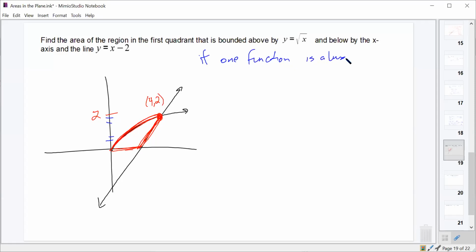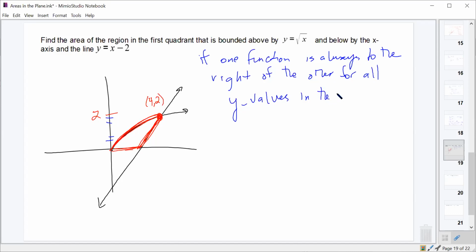All right, so if one function is always to the right of the other for all y values in the region, you can integrate in terms of y.